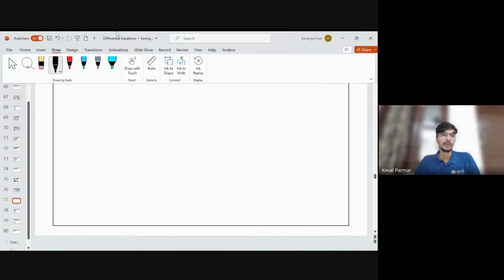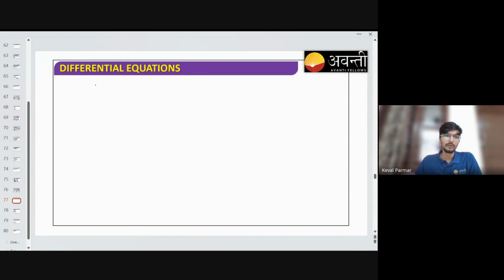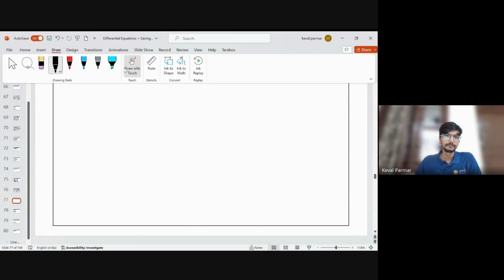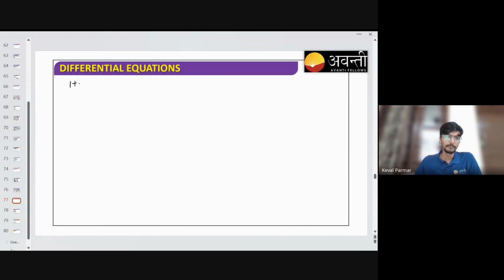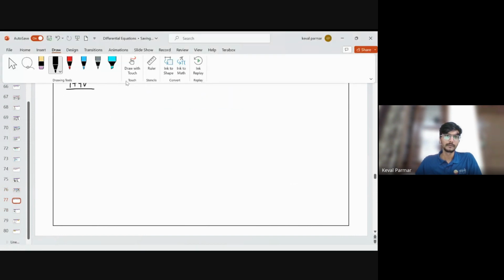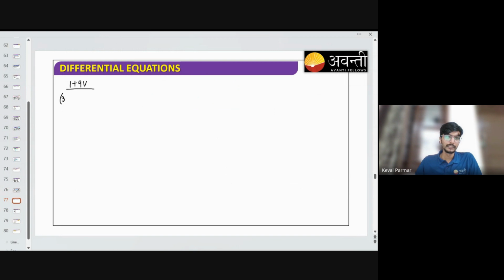What we got: 1 plus 9v upon 3v minus 2, 2v plus 1 is equal to a upon 3v minus 2 plus b upon 2v plus 1.